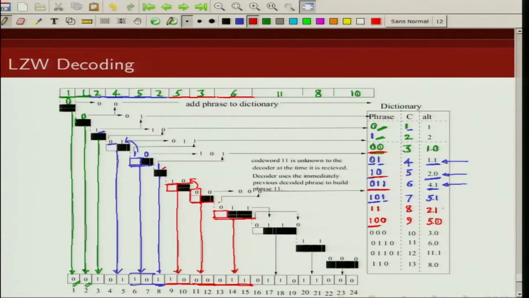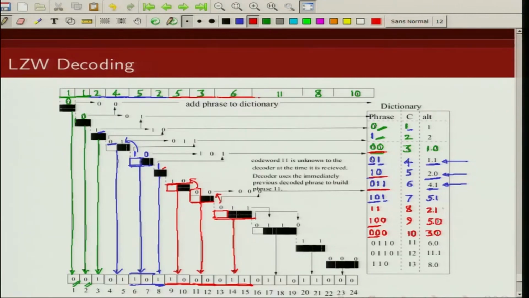The previous phrase was 00, so I add 0 here. So I am going to add 000 as my new phrase, and that's my code word number 10, which can be written as concatenation of code word 3 with an innovation symbol 0.